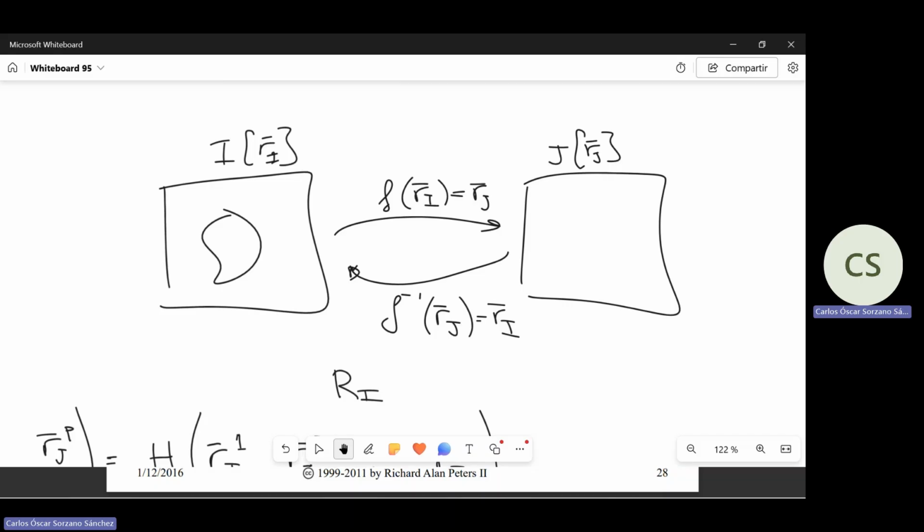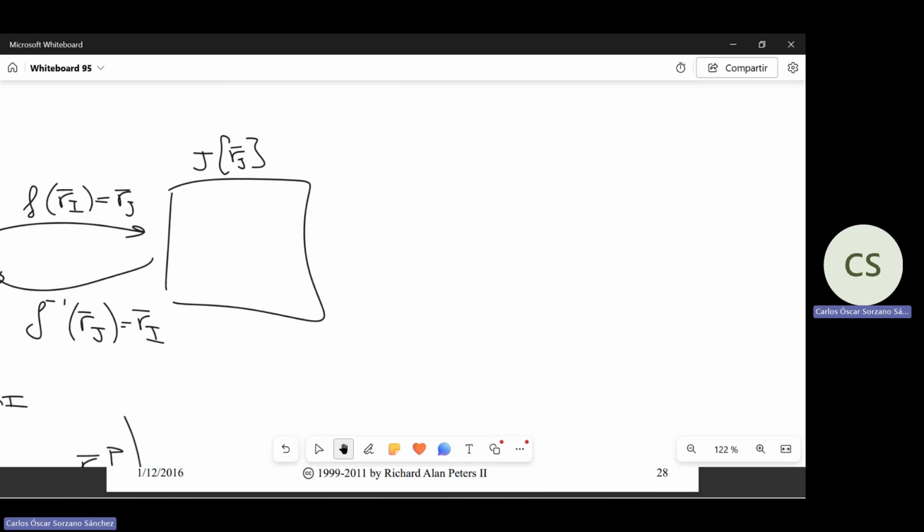The difference between RJ equals H RI and the other, like capital A equals B.